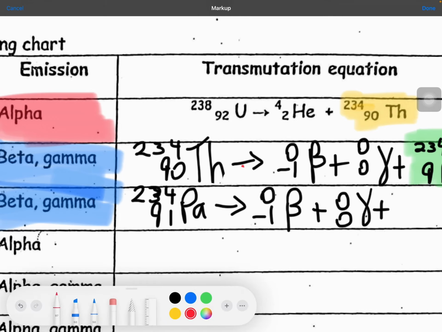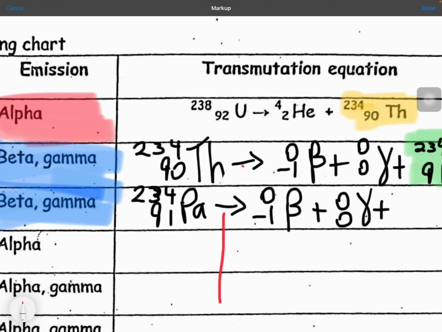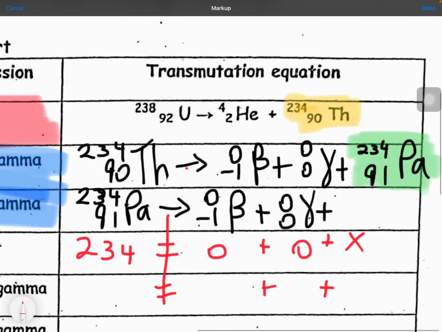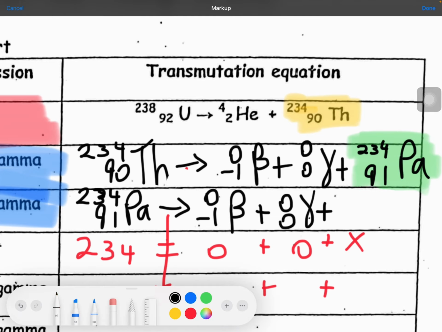So I'll write down the stuff again so you can see how to do this. By the way, for all the work that I'm doing, if you want to do it for each of the problems, that's totally fine. I would just say do it on a separate sheet of paper. So again, we bring down our little plus signs. So we have our mass is 234, 0, 0. So what would x have to be? It would have to be 234 again. So I'll write that in black.